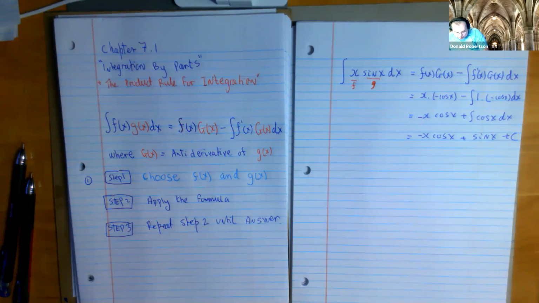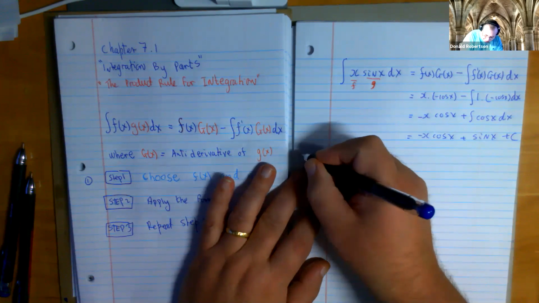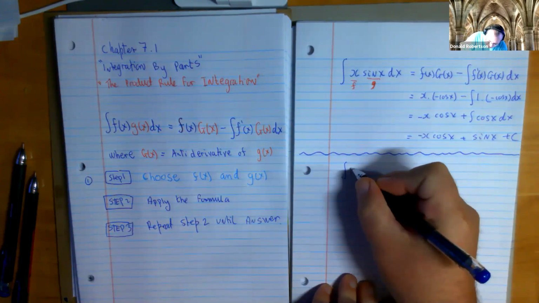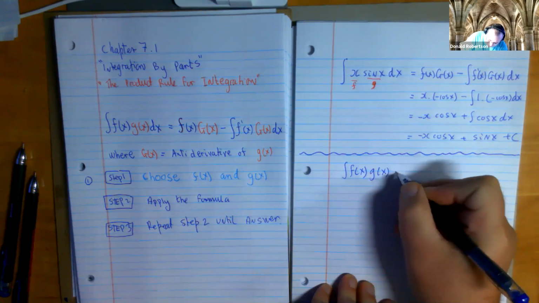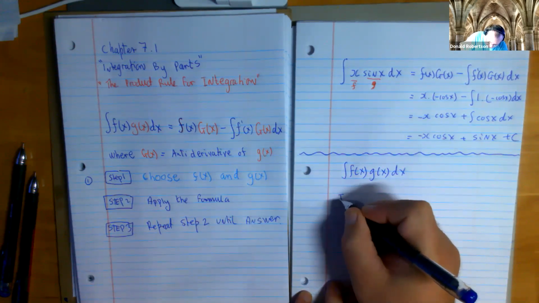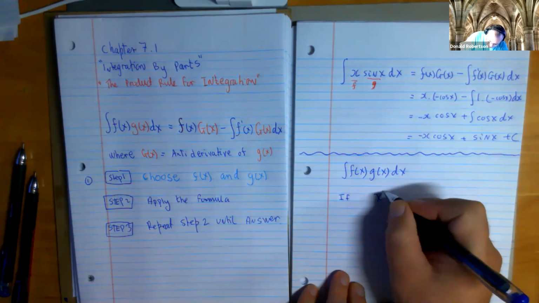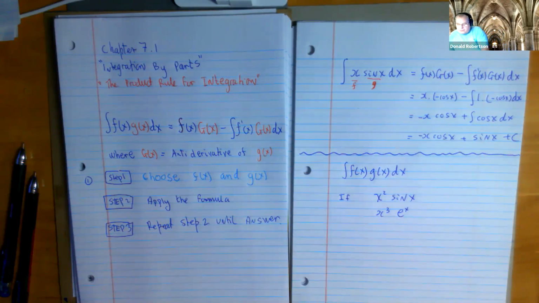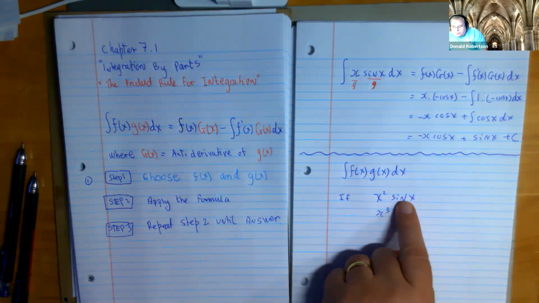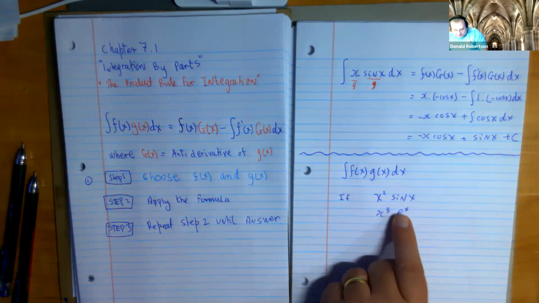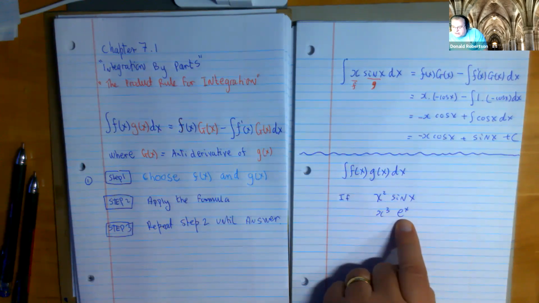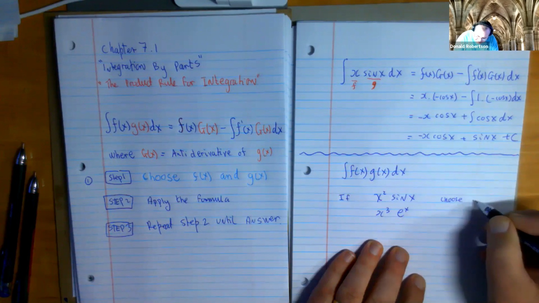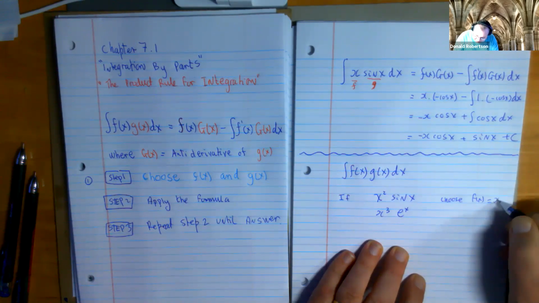So here are some of the rules about who F and G is. Before we do any more examples, let's give you rules about who you pick for F and who you pick for G. If your function looks like a power of x followed by any trig function, right, sine, cosine, that kind of stuff, or any power of x followed by e to the x, you know, e to the 2x, things like that, then choose your f of x to be the power.